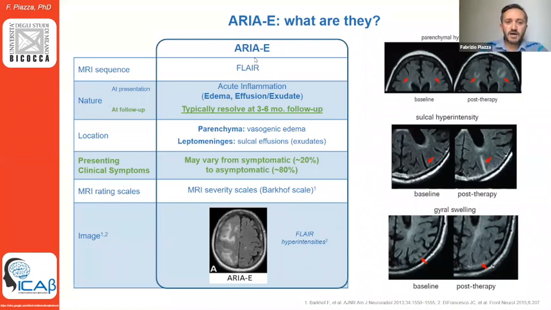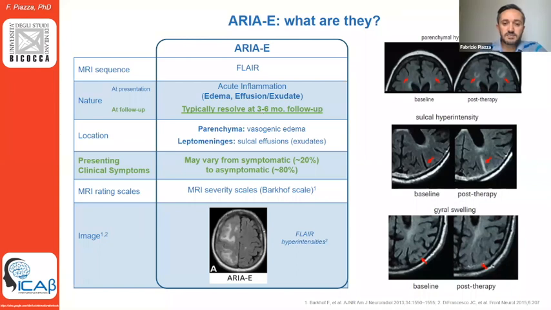The nature of ARIA-E at presentation, so during the acute presentation, is related to an inflammatory event, so edema and effusion or exudate. But at follow-up, we also know that they typically resolve at 3-6 months, particularly when the patient stops receiving the drug. But now with the new titration plan, we will also see that the incidence of these events is slightly reduced.